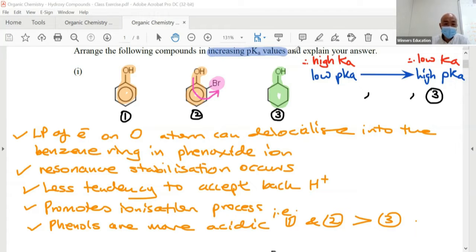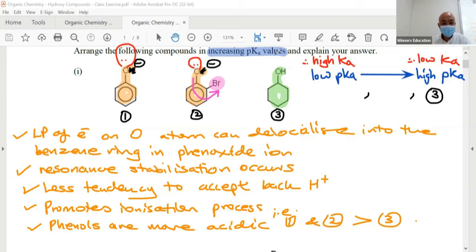So if you still remember, we don't look at the molecule itself. We look at the anion to talk about its lone pair. So if you look at it, if this has this amount of lone pair, the one over here, number 2, should have smaller because electron density has been drawn towards bromine.